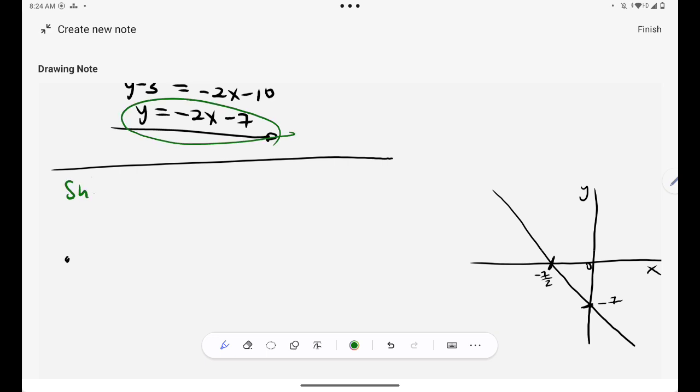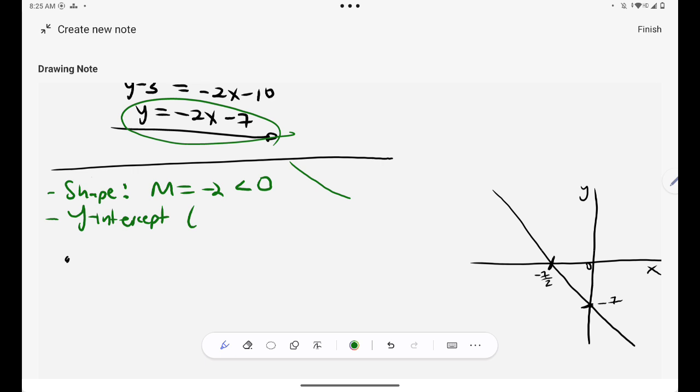Firstly, I must establish my shape. The gradient is equal to -2. -2 is a number which is less than 0, so my graph will look like this. Alright, together. I must find my y-intercept.